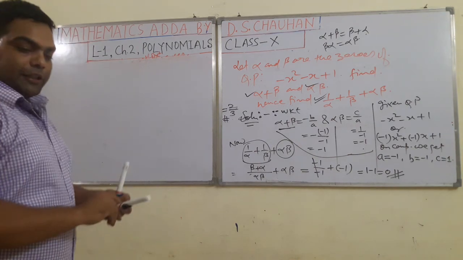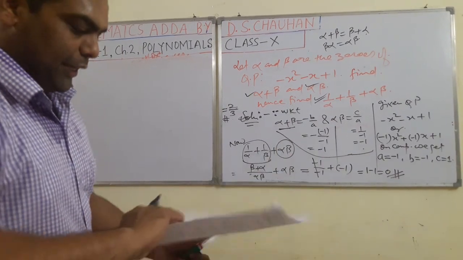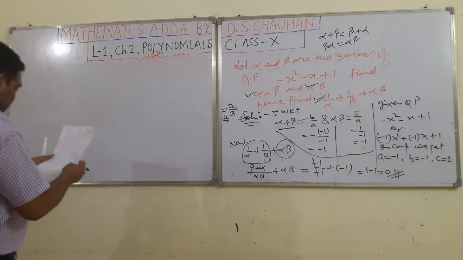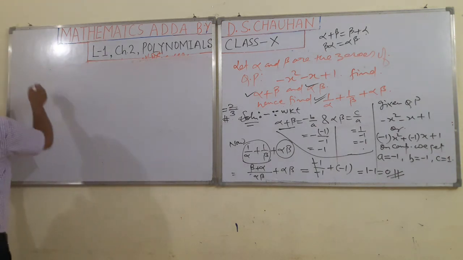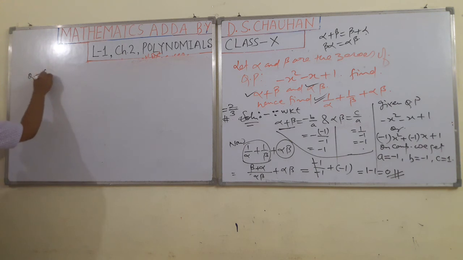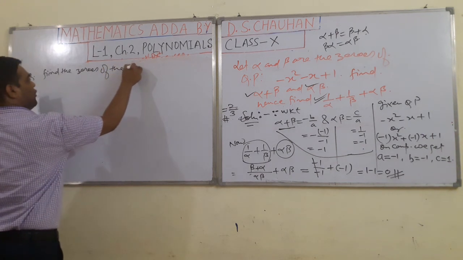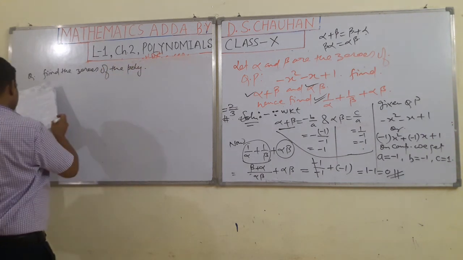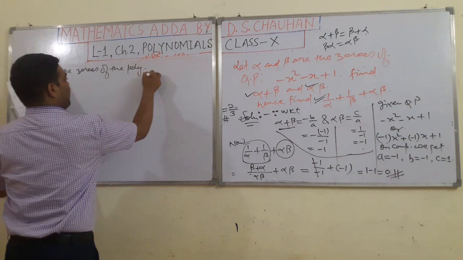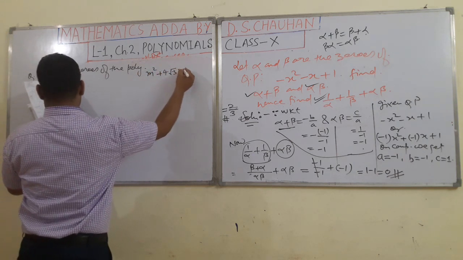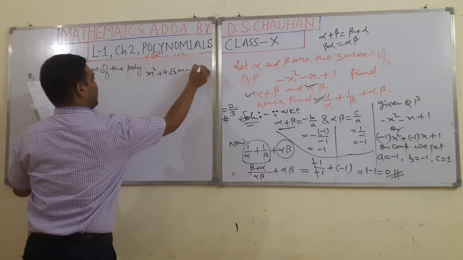Suppose, students, this question comes in your exam. Try to understand. This is the question here. Find the zeros of the polynomial m square plus 4 under root 3 m minus 15.